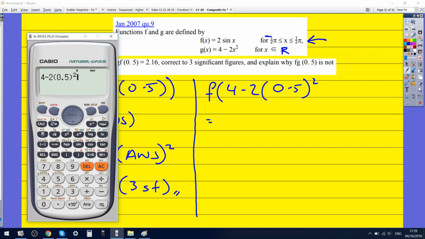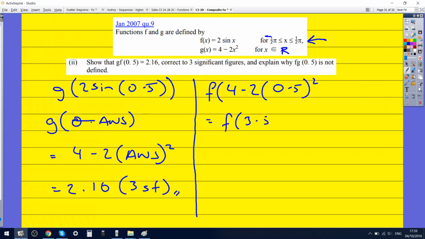Any idea about this one? It gives you minus 0.7 and the range is half pi. Okay, so the domain. Pi is 3.14, so half of that, so it's outside the domain. Yeah, undefined outside the domain. Any questions there?